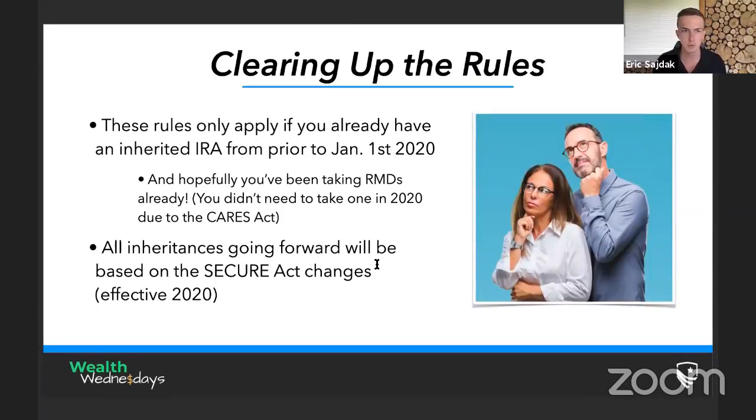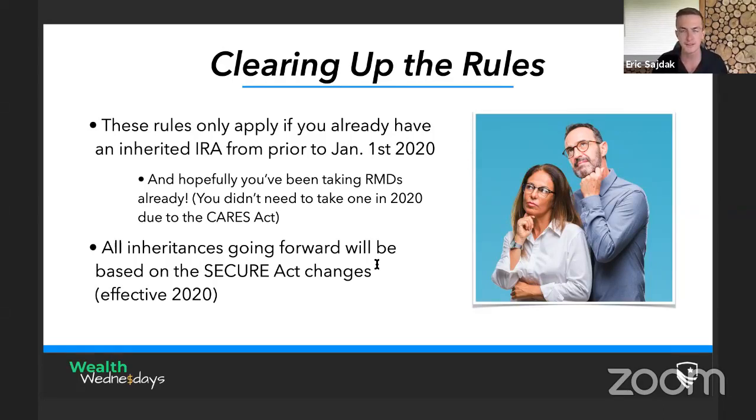And so let's clear up the rules quickly. The rules we just covered only apply if you inherited an IRA or a Roth IRA prior to January 1st, 2020. Hopefully you've been following these rules. I know that RMD calculation can be confusing. There are some great calculators out there that will allow you to plug in the account value, the birth date, the death date, and then your birth date, and figure that out for you.